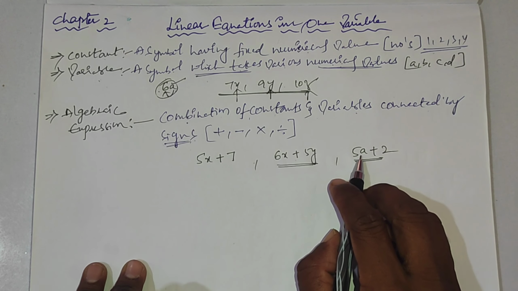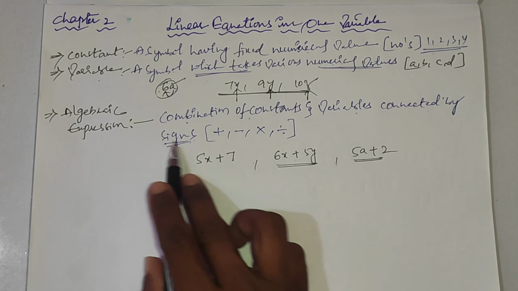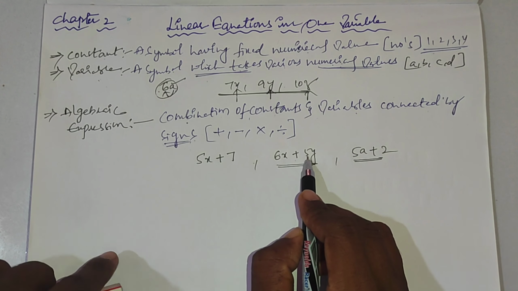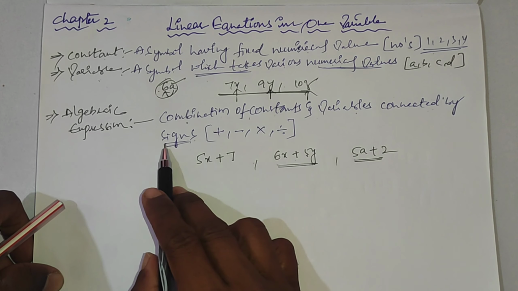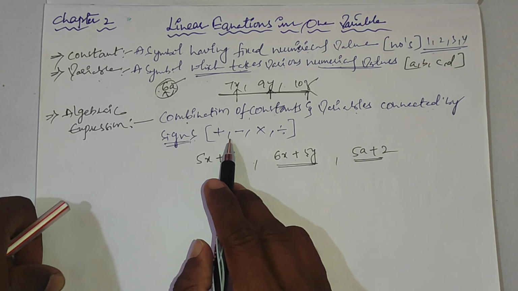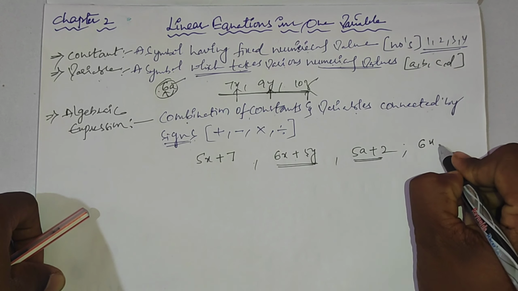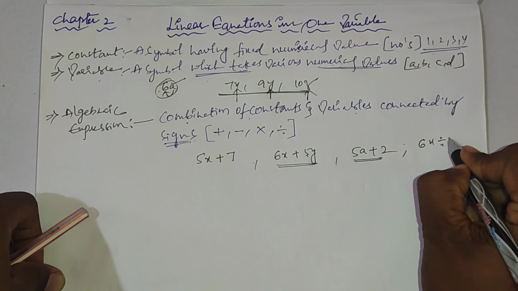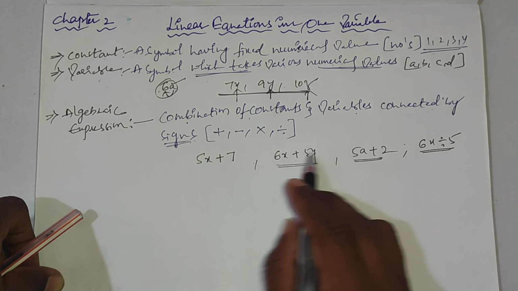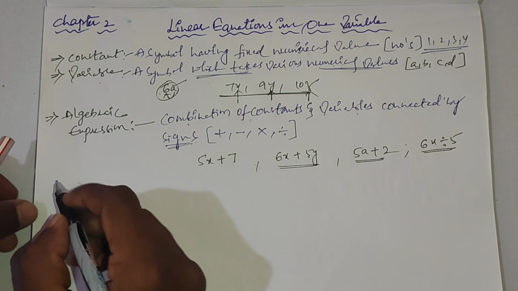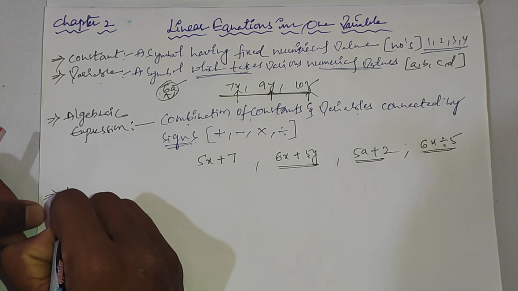Yes or no? These are called algebraic expressions, a combination of variables and constants connected by signs, the mathematical operators plus, minus, into, or divide. Simply you can say 6x divided by 5. These are algebraic expressions. Is it clear?